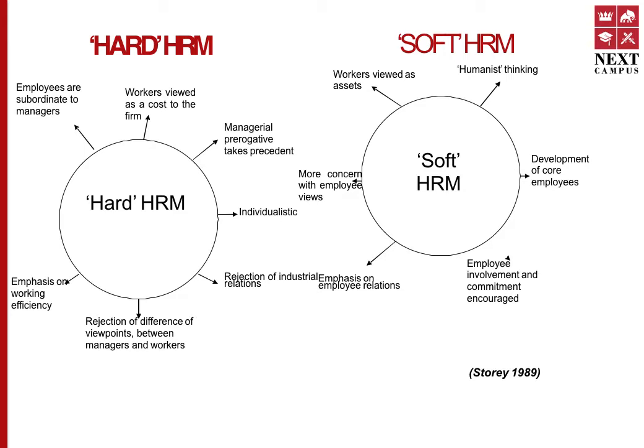There is more concern with what employees think, what their opinions are. And soft HRM views workers as assets. Of course, having distinguished these two approaches, many organizations would practice a mix of them, with more emphasis on one over the other. In the next slide, let's look at some more characteristics of hard and soft HRM.